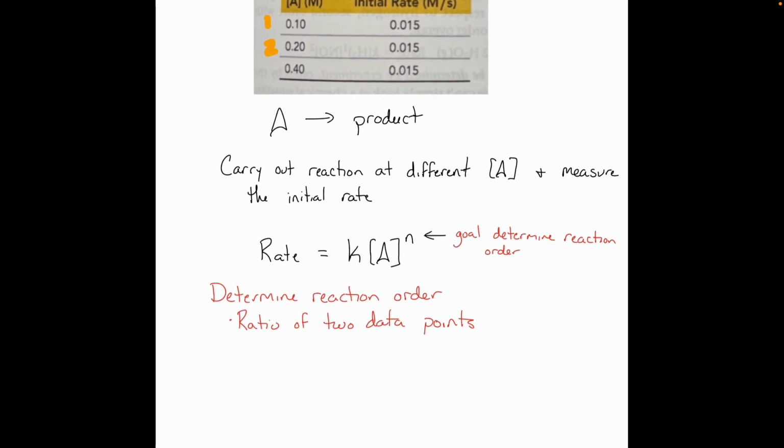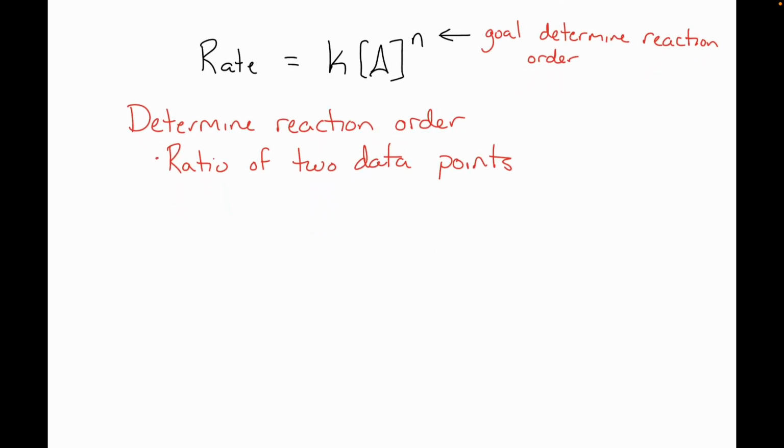All right, so that means I'm going to have the rate of one of these data points divided by the rate of the second data point.